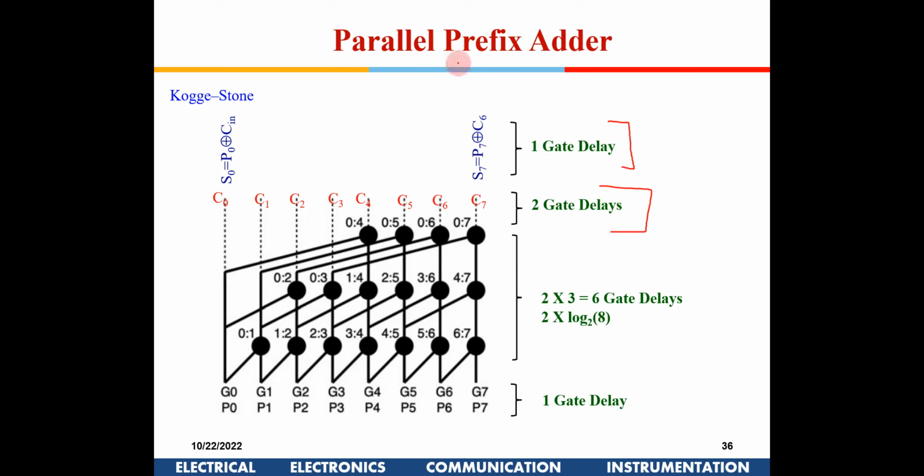So the total gate delays for an 8-bit adder is 1 plus 2 is 3, 3 plus 2 is 5, plus 1 is 6, total 6 gate delays. But obviously this much hardware will be required. Is this clear to all of you? How a parallel prefix adder works?